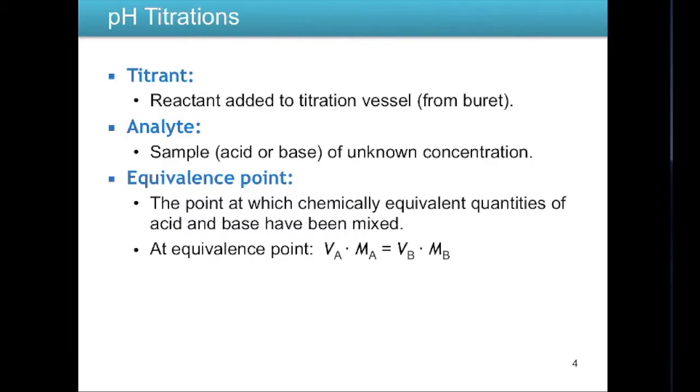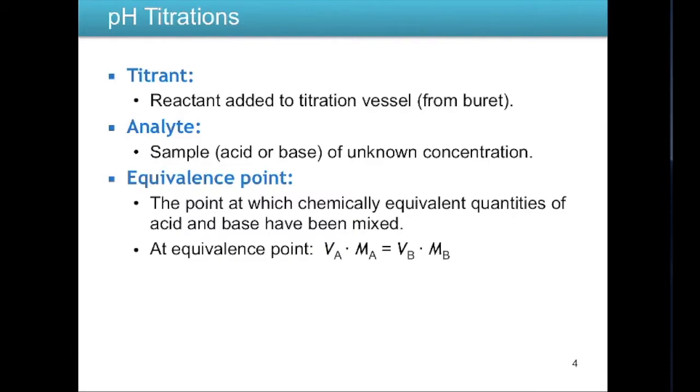And the equivalence point is the point at which chemically equivalent quantities of acid and base have been mixed. You've added enough base as the titrant, for example, to react with all of the acid that is in the Erlenmeyer flask. At the equivalence point, since there are chemically equivalent quantities of acid and base, the moles of acid that were initially in the flask, your analyte, have to be the same as the moles of base that were added from the burette.